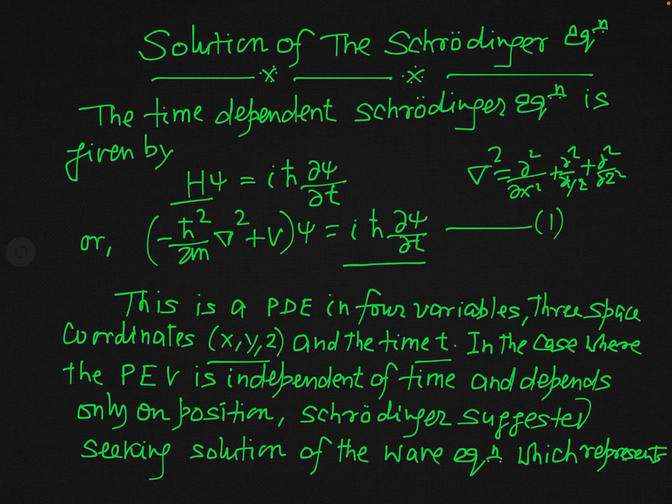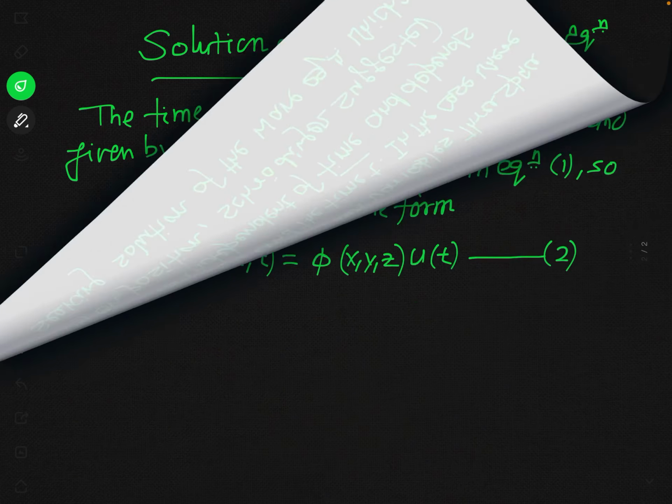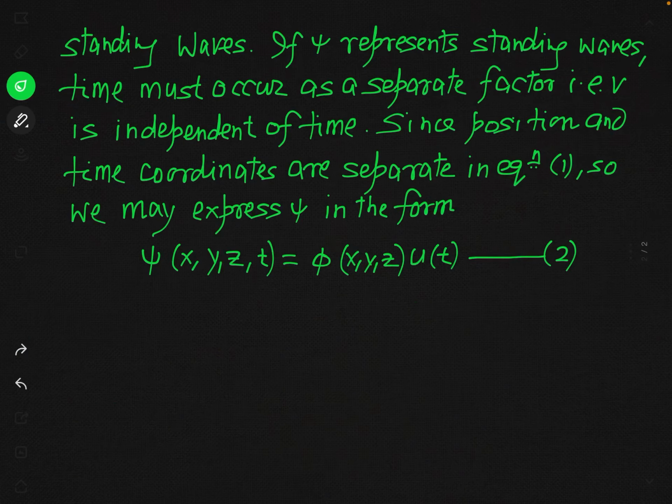So in the case where the potential energy is independent of time and depends only on position, Schrodinger suggested seeking solutions of the wave equation which represent standing waves. If psi represents a standing wave, then time must occur as a separate factor, that is, V is independent of time. In fact, in that condition we get the Schrodinger time independent equation.